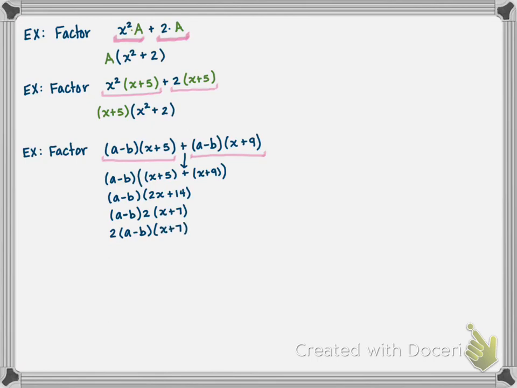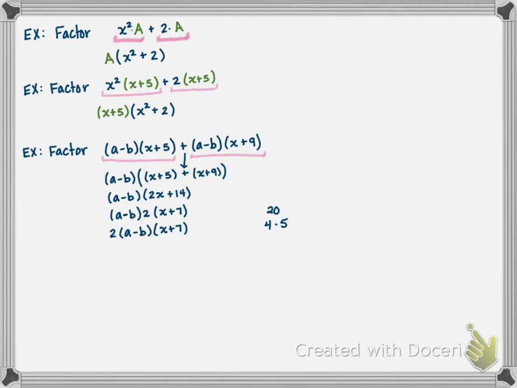Just like when you're doing prime factorization, if you had the number 20 and you were going to find the prime factorization, you could say, oh, 20 is 4 times 5. But that's not a prime factorization, right? Because one of the factors can be factored further. And so you would go on to write this as 2 times 2 times 5. The same thing is true when working with polynomials.